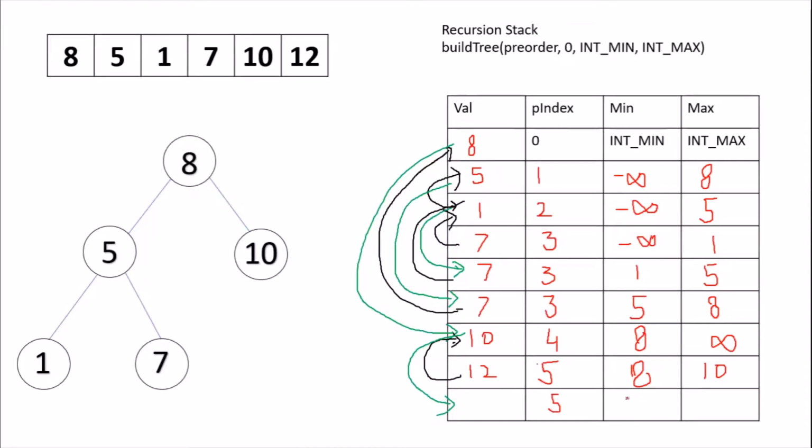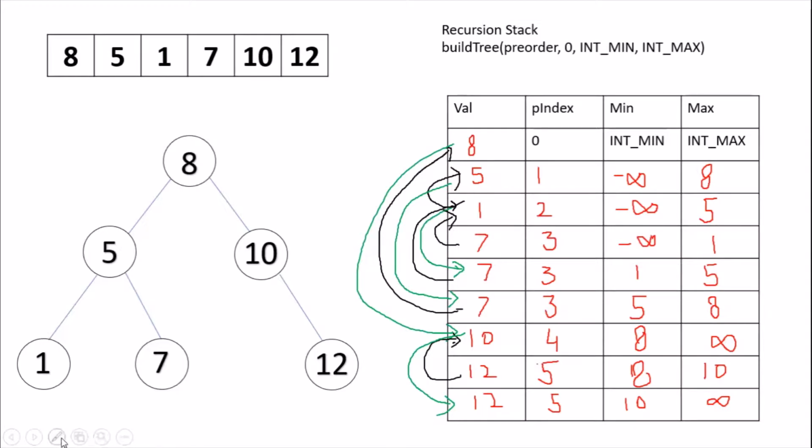The minimum will be 10 and int max will be whatever is the maximum at this level, that is infinity. The value is 12. We check if 12 is in this range. Yes, it is in this range, so we append 12 as the right child of 10.